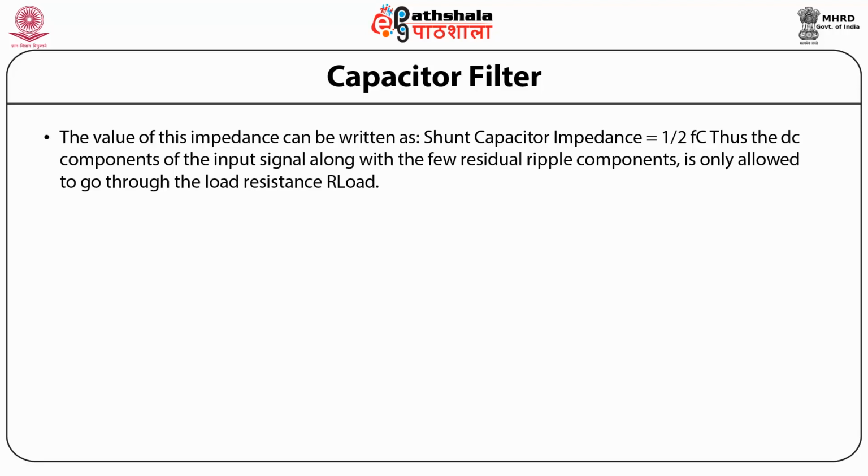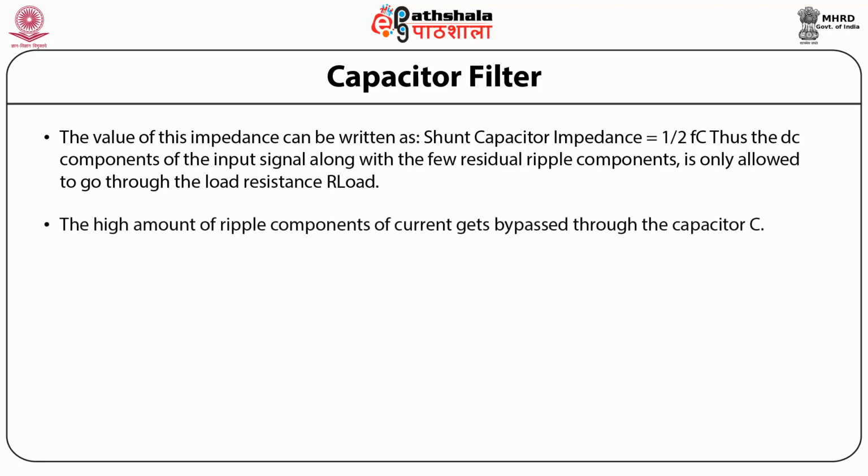Thus, the DC component of the input signal, along with a few residual ripple components, is only allowed to go through the load resistance RL. So the high amount of ripple components of current gets bypassed through the capacitor.